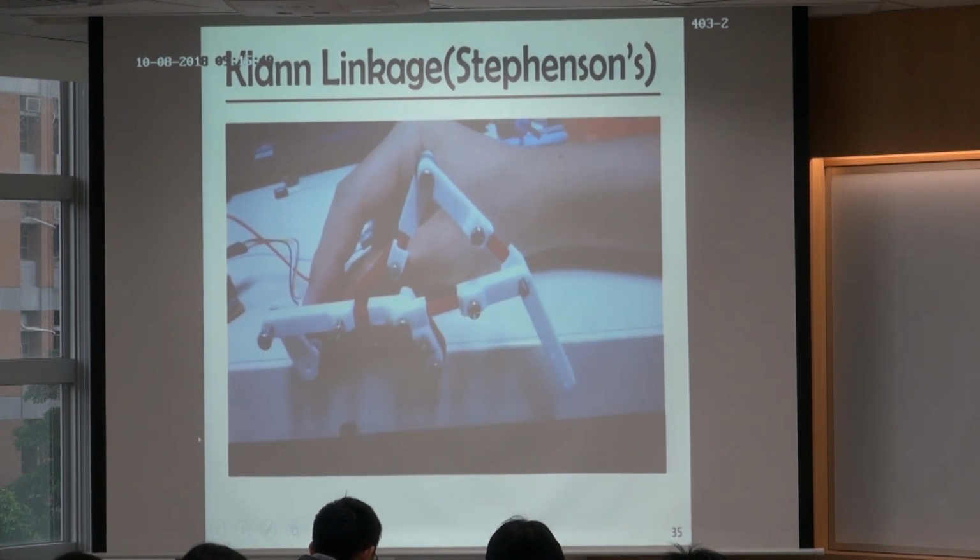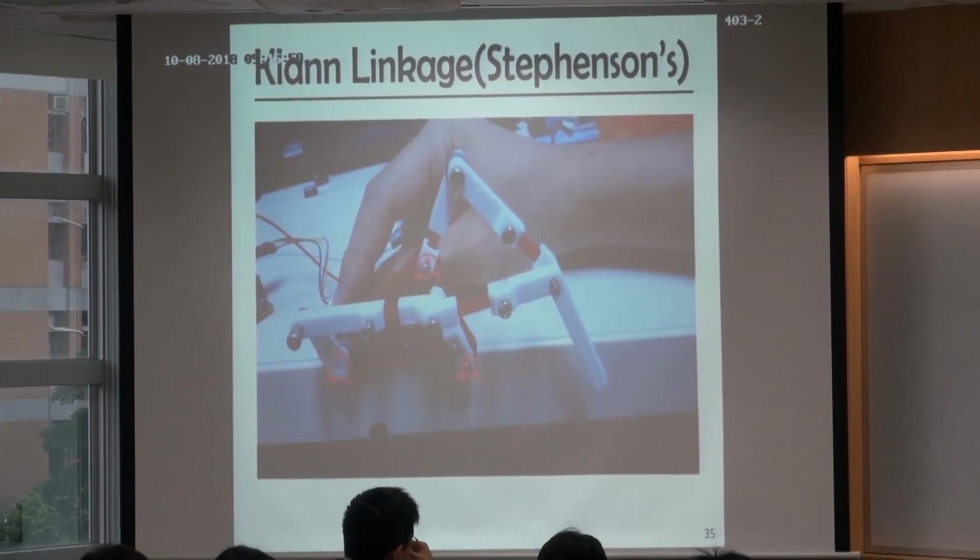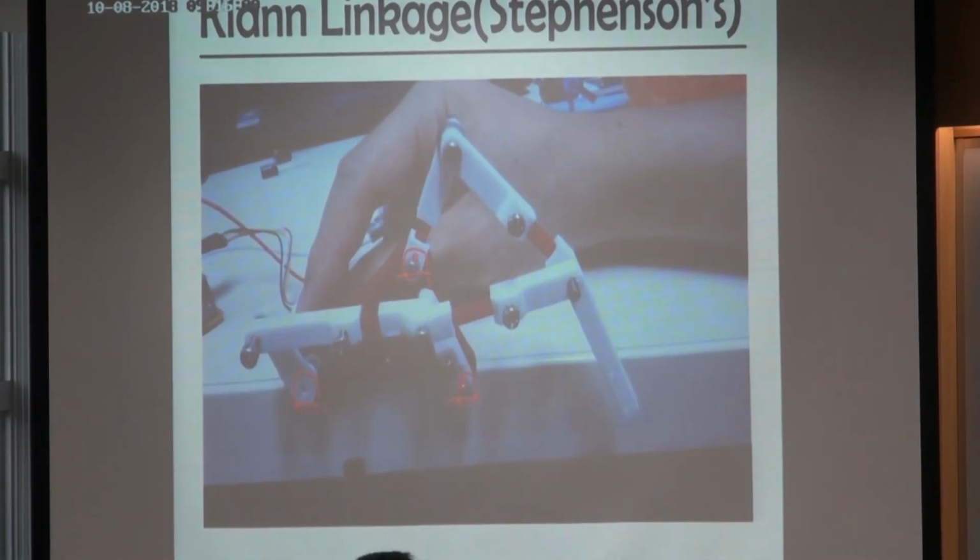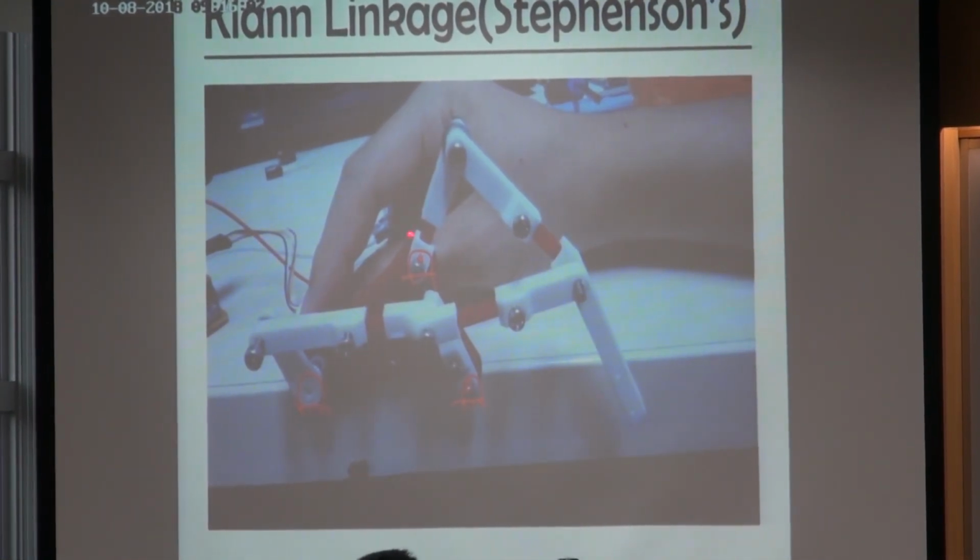I'll stop here. I say it's a Stephenson's mechanism, but it may not be so easy for you to see. For Stephenson's mechanism, we have 3 joints connected to the ground, which are these 3. This red one belongs to the same link.